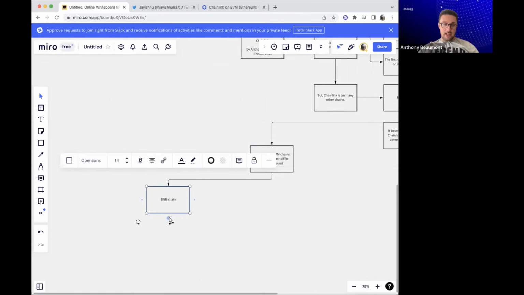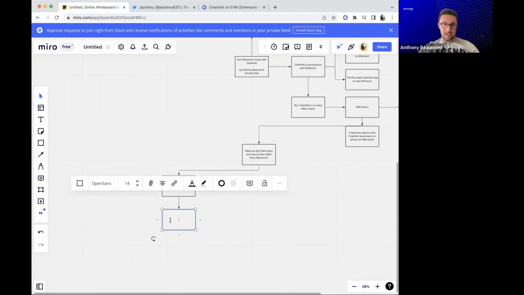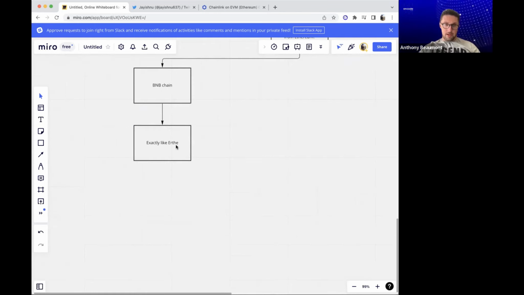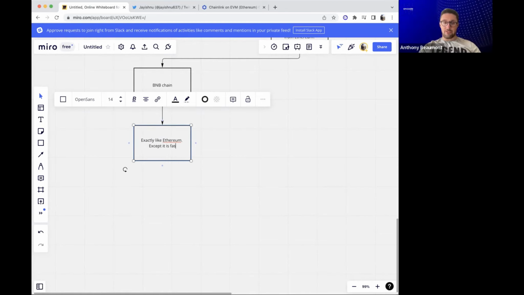So BNB chain is exactly like Ethereum, except it is faster because it has fewer nodes. So you need an agreement of fewer people to get consensus.